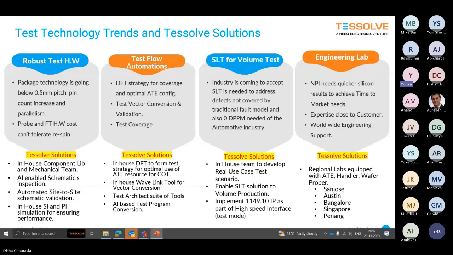To achieve the complexity of the device we have produced and to validate the test requirement, one part is on the datasheet side and the design side, which you can do. But when it goes to the system level, there are many other factors which define the device functionality.